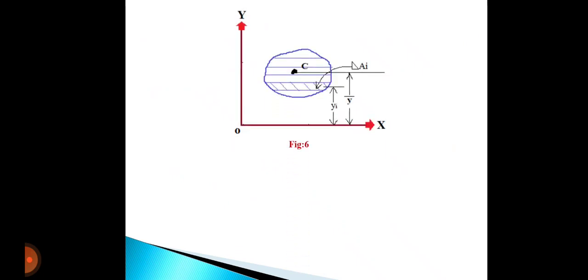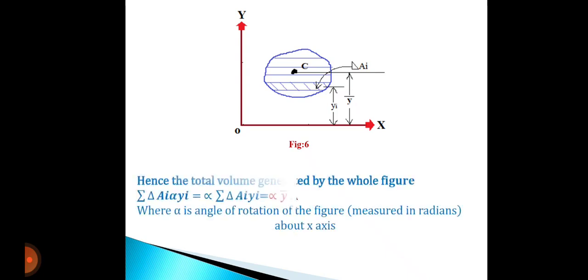Now, in figure 6, consider any plane figure of area A divided into a large number of very thin strips parallel to the x-axis. Let the y coordinate of the middle of the strip of area del Ai be yi, and now let the plane of the figure be rotated through any angle alpha about the x-axis.